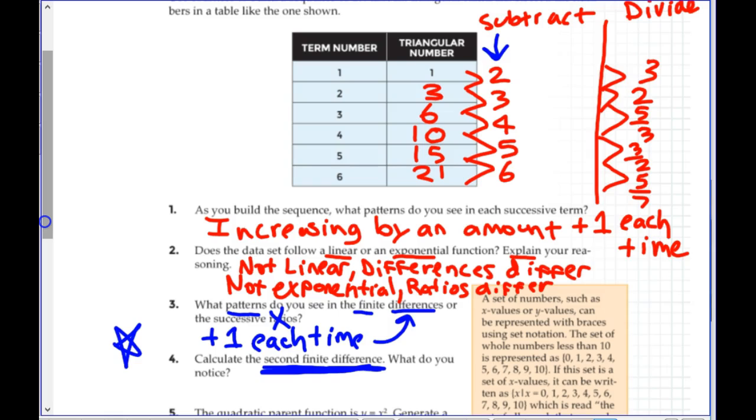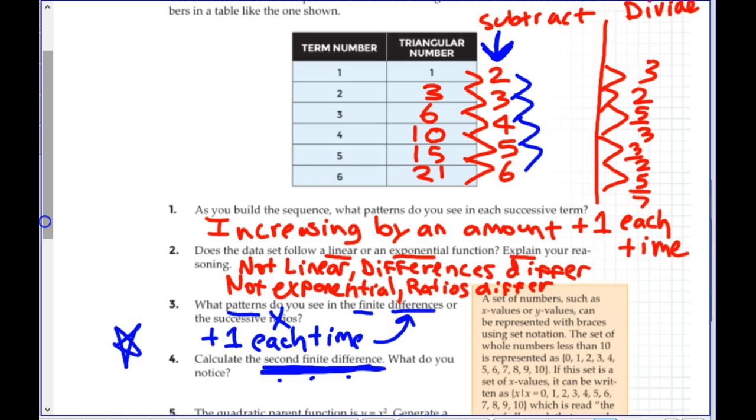What we're going to do is take these differences right here, and do another set of bird beaks, or whatever you want to call them. We're going to find these differences and see if those are the same. So we do differences, and if there's a pattern, we do the differences of the differences. We call it the second finite difference.